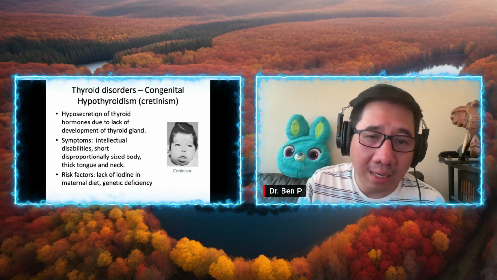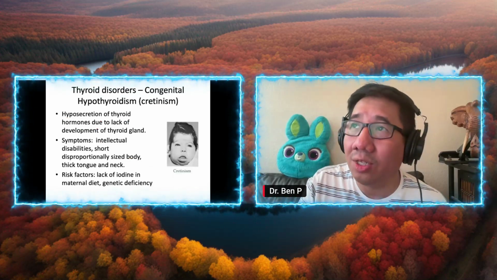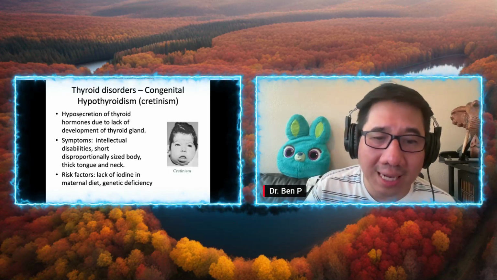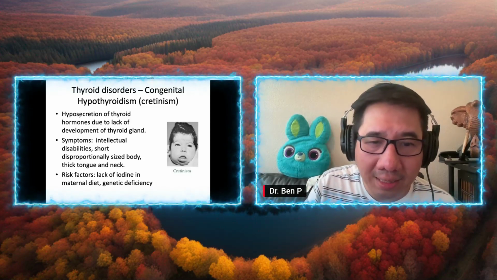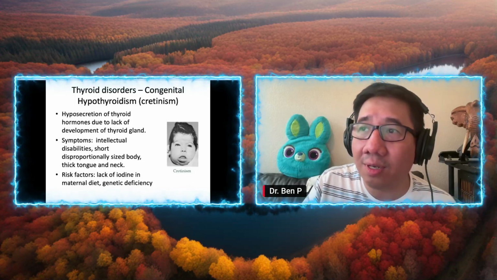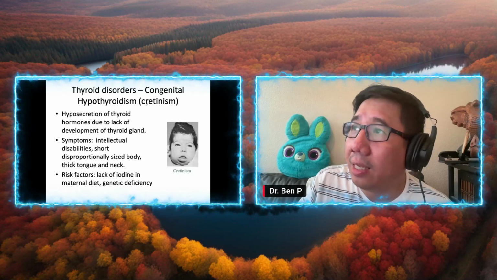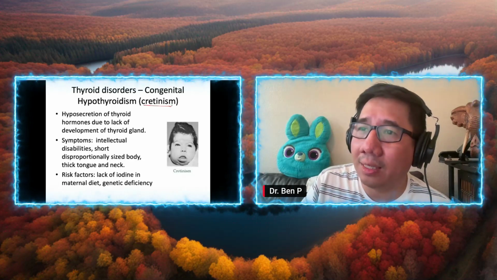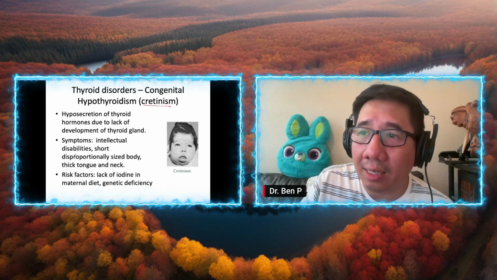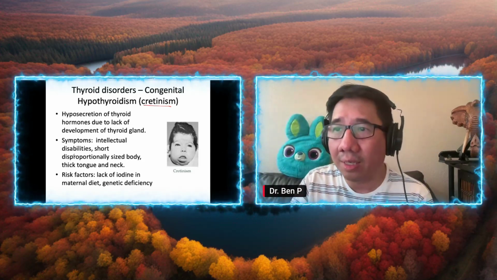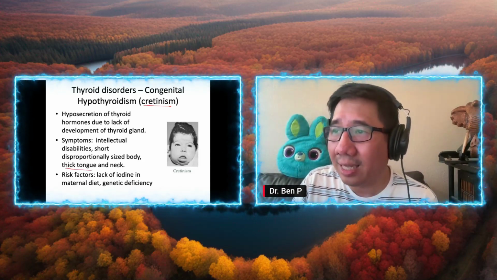Now, too little thyroid. This is the congenital thyroid problem. Congenital means you have it when you're inside the womb. The baby inside the womb has this. You have too little thyroid. It's very rare in this country, but it's called cretinism. Cretinism is very rare. Everything becomes short. Your whole body becomes really short, with a thick tongue and thick neck.